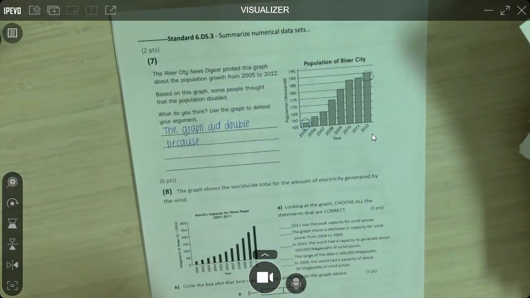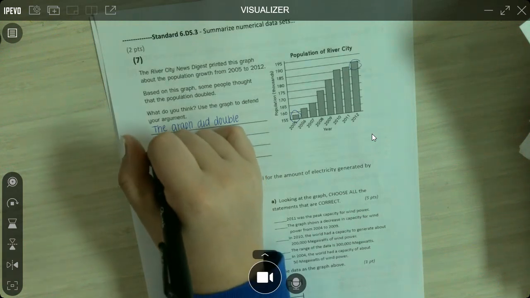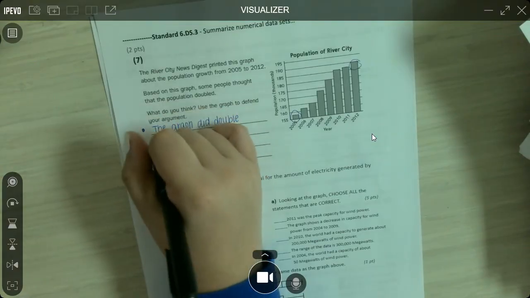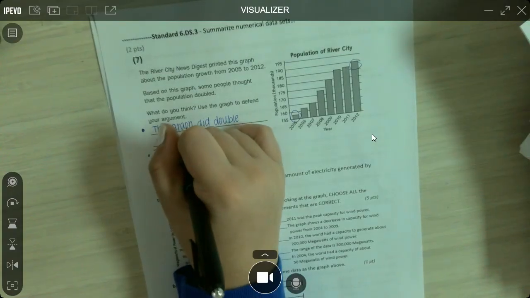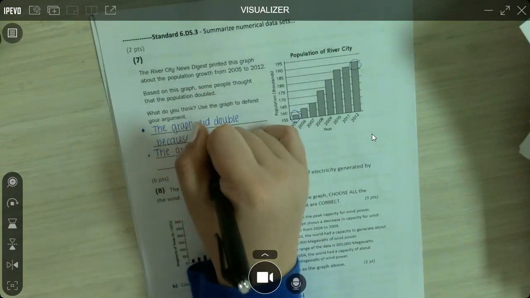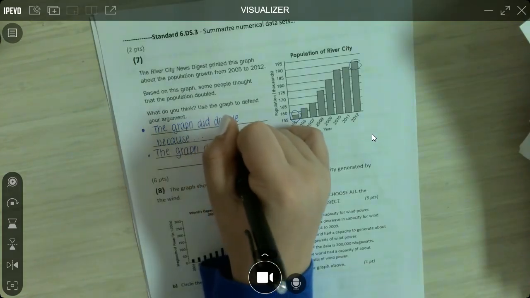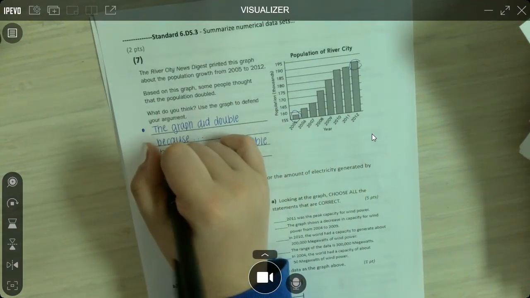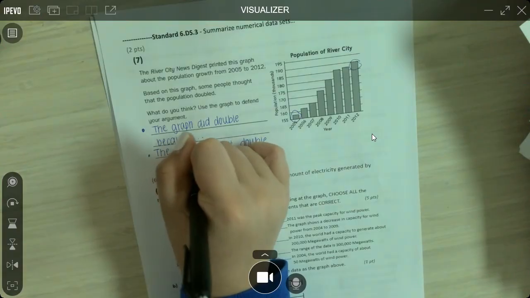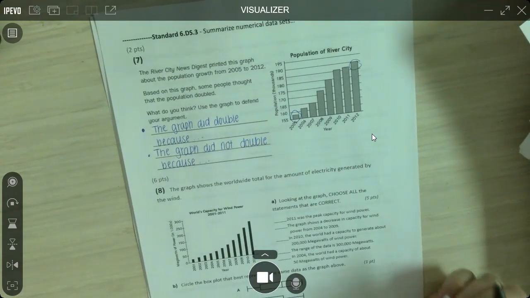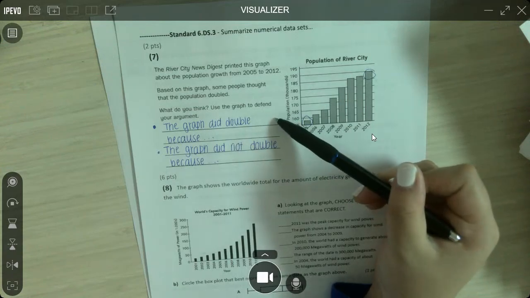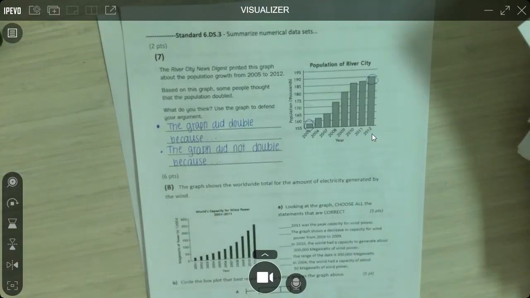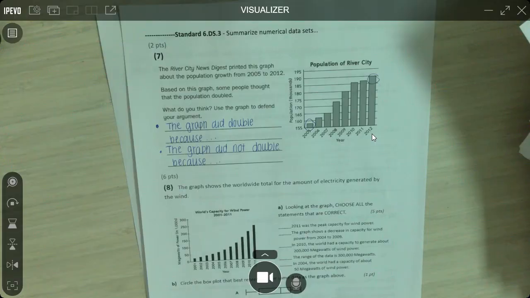If you think it didn't double, you could also say, "The graph did not double because," and then you're going to finish that sentence. So you're choosing whether it did double or did not double, and then tell me why. Make sure you don't use both of those in your answer.